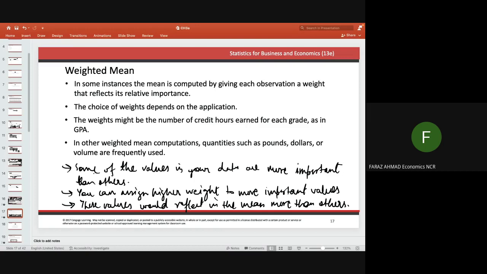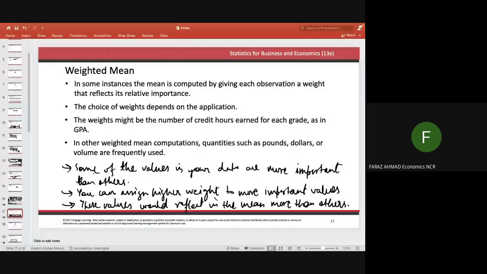So the first thing is why you want this weighted mean: because some of the values you think are more important than others. You want to give them more importance while calculating the mean, so you assign them higher weight, and some of the values are less important, so you assign them lower weight.